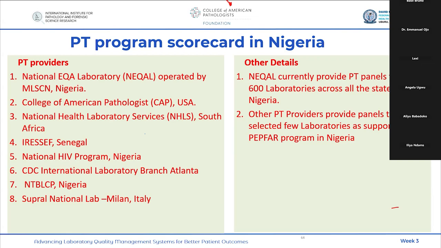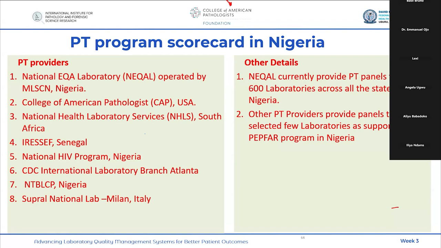We also have the National Health Laboratory Services, NHLS, in South Africa. We have IRISEV in Senegal. The National HIV Program in Nigeria also produces PT panels through different implementing partners. We have the CDC International Lab Branch in Atlanta. We have the National TB and Leprosy Control Program in Nigeria.